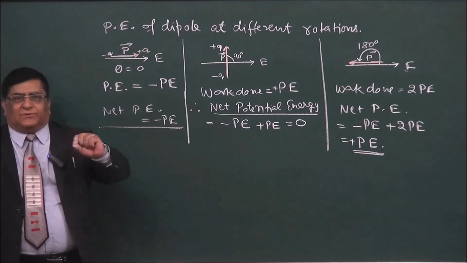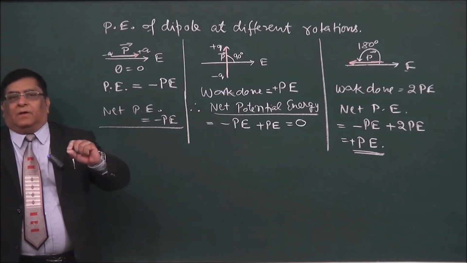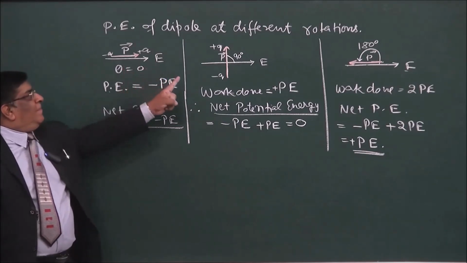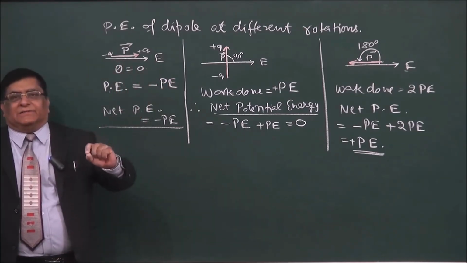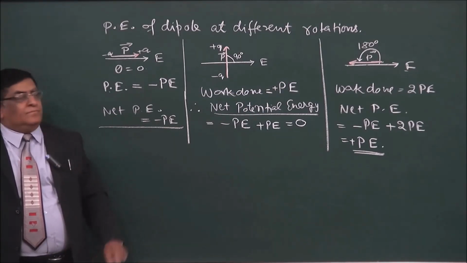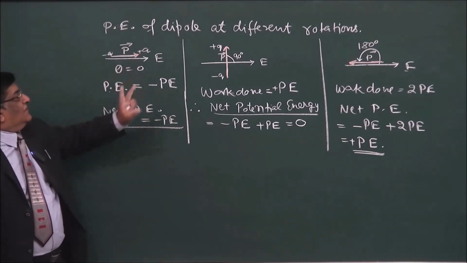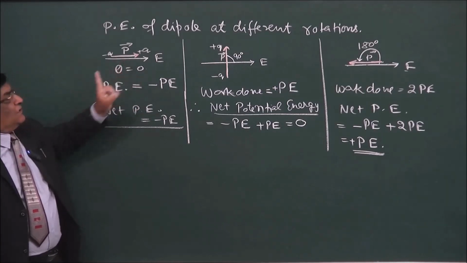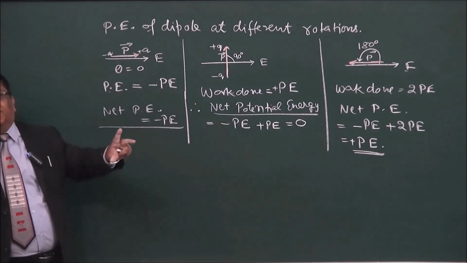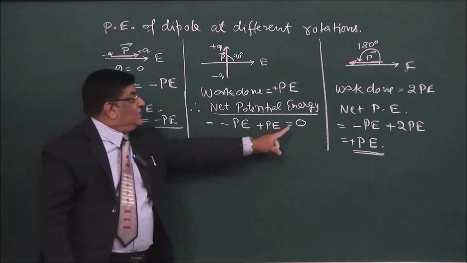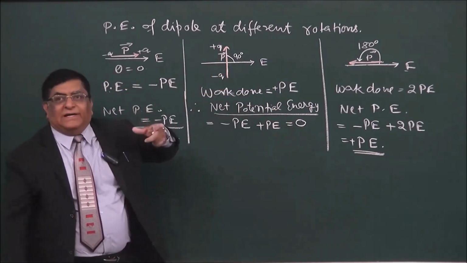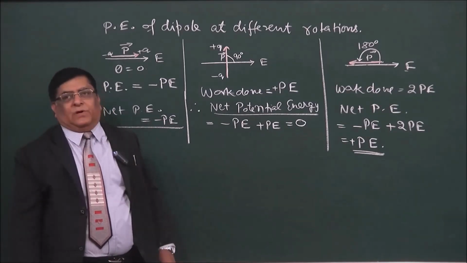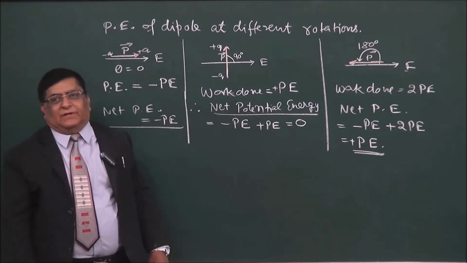Okay, now there are certain tricky questions for which we should be very careful. I ask you this way: in which situation of P and E the potential energy is 0? Here it is not 0. Here the torque is 0, but potential energy is not 0. Potential energy is 0 in this situation, when we have already done certain work on it. Okay, again, the second question.